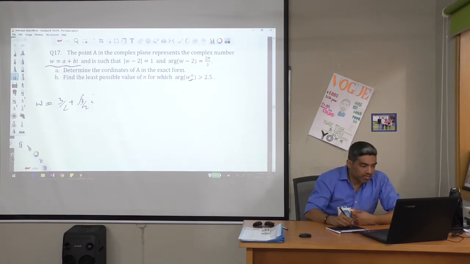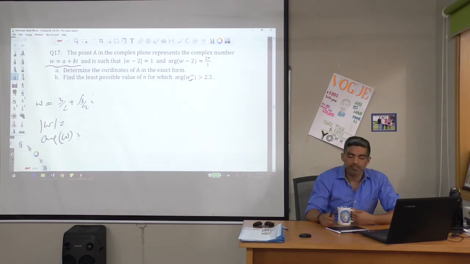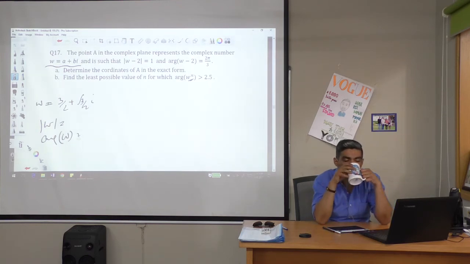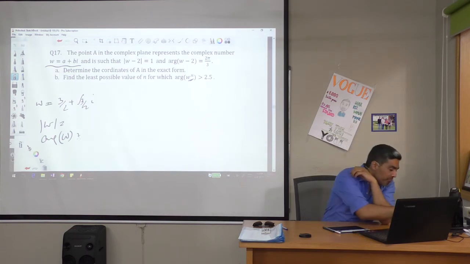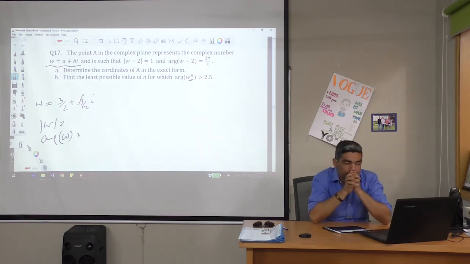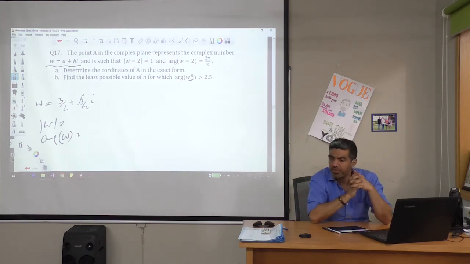So convert this to the exponential form, get the mod of W, and also get the argument of W. Is mod W root 3?